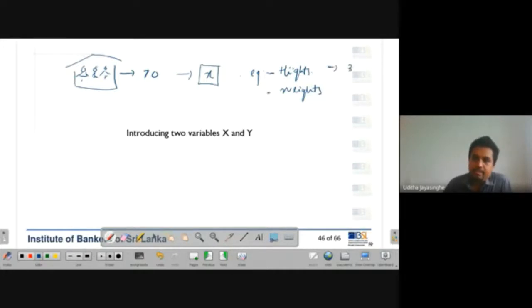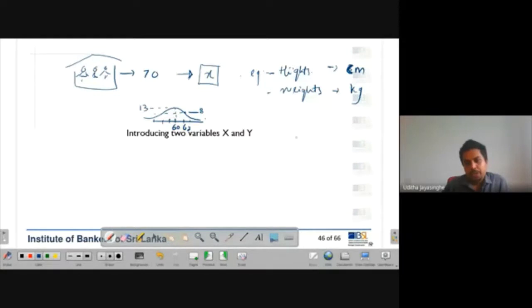Maybe this is in centimeters, this is in kilograms. Let's say there are 70 students, and then those bell-shaped curves and all. Let's discuss one instance of weights: maybe 60 kilograms is going to be the average, and there are 13 students with 60 kilograms, 62 kilograms, something like 8 students, likewise. So this is all what we learned so far.